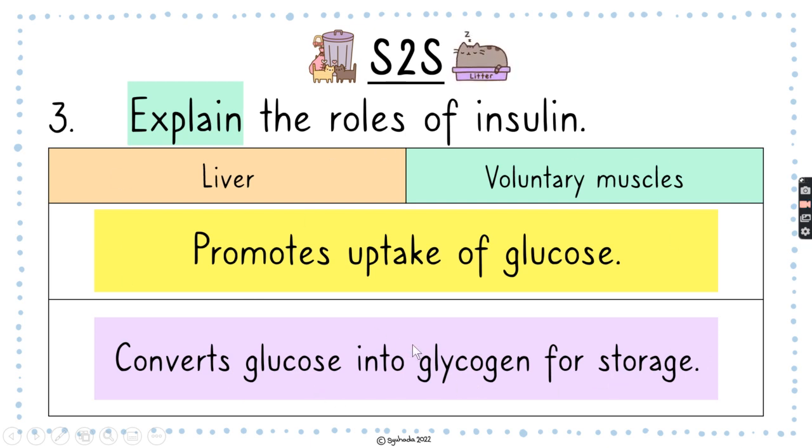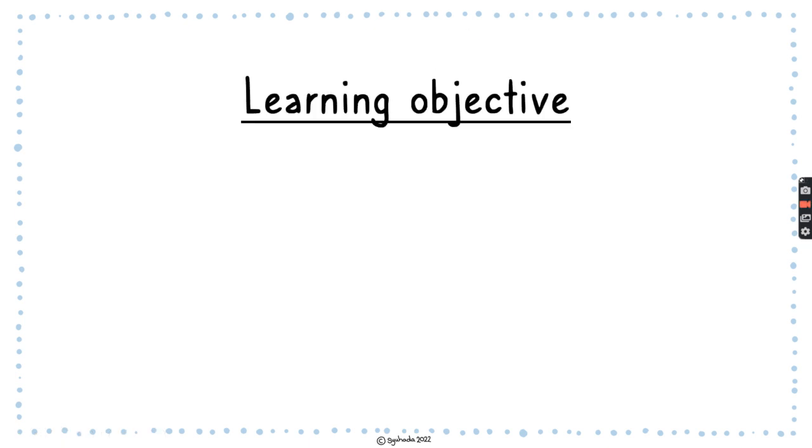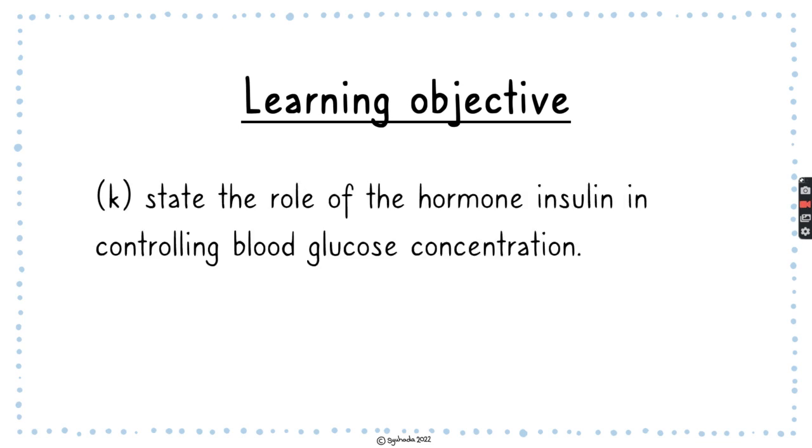So insulin is the opposite of adrenaline in that it encourages the storage of glucose. However, adrenaline wants you to break down the glucose for energy instead.